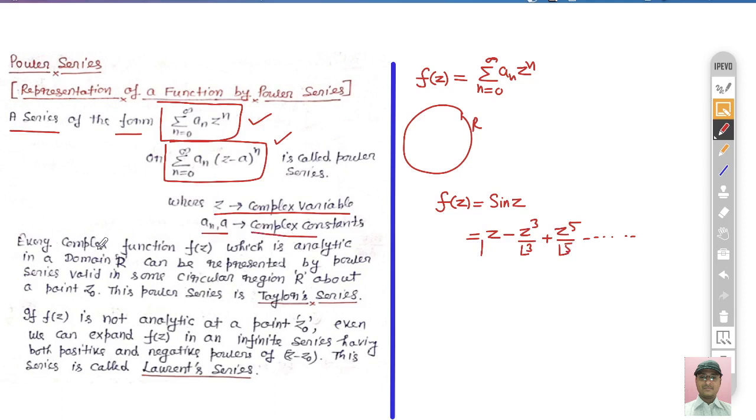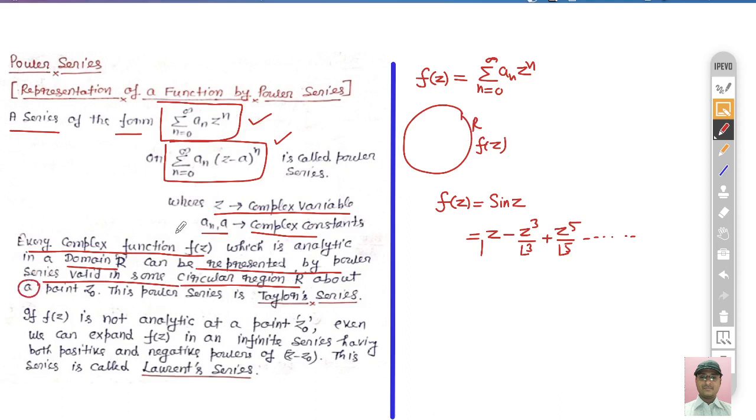Now every complex function f(z) which is analytic in some region R can be represented by a power series valid in some circular region R, inside which it is analytic, about a point a.